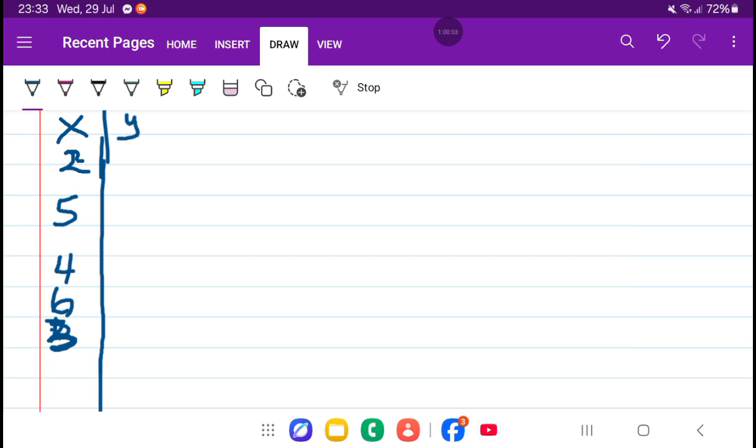Then the y values, this is 60, this is 100, this is 70, 90, and then 80.